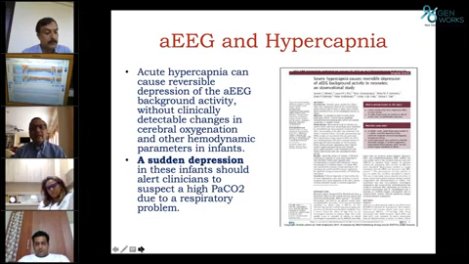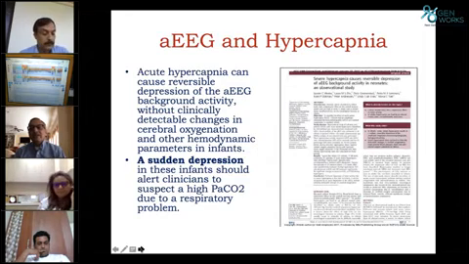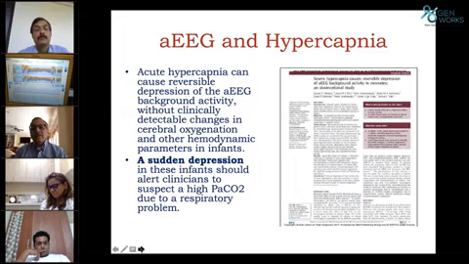This elegant study by the Dutch group, Linda de Vries and Lauren Week, showed that if you have a baby with aEEG monitoring and you see a sudden change in background, it should prompt you to check a blood gas to look for CO2 levels, because they found a sudden depression in the aEEG associated with a sudden increase in CO2 level, which could be related to either a pneumothorax or a blocked endotracheal tube. So I think continuous monitoring gives you important information if there's a subclinical change in the baby's physiology.